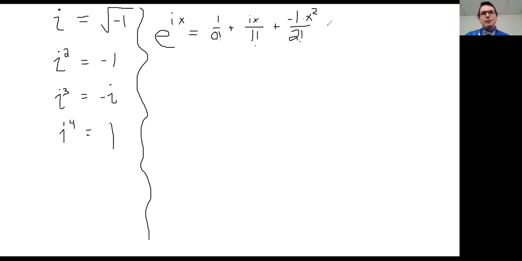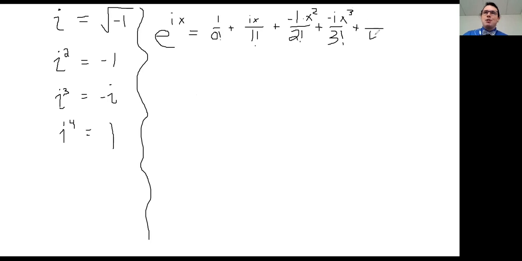Let's continue. For my third term in the Maclaurin series, I'll have denominator 3 factorial, and I'll be cubing my input, i times x. Well, when I cube the number i, I'll get minus i. When I cube the number x, I'll get x cubed.